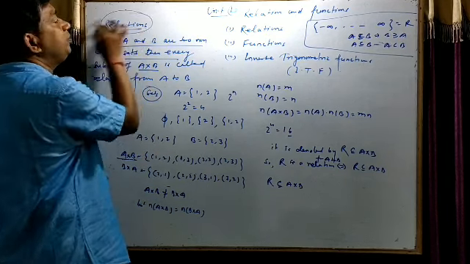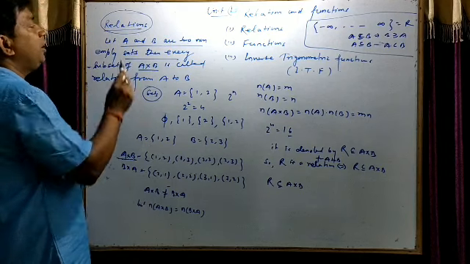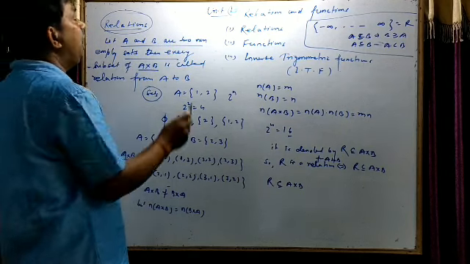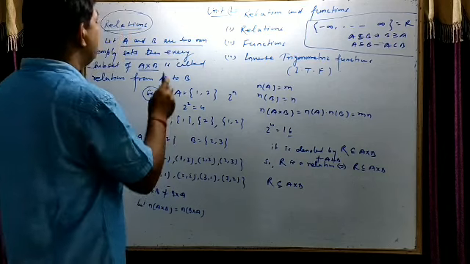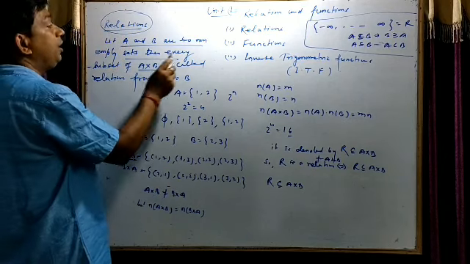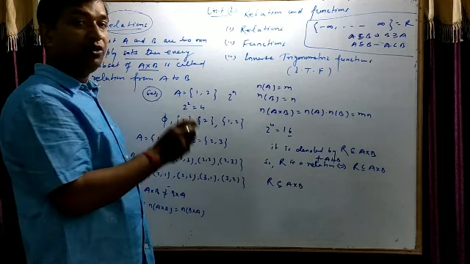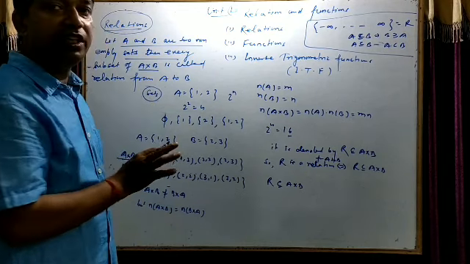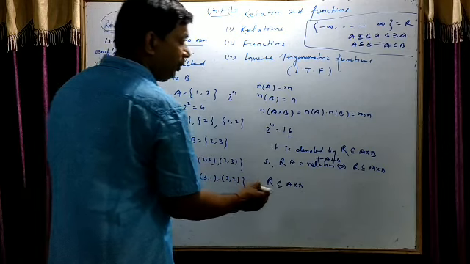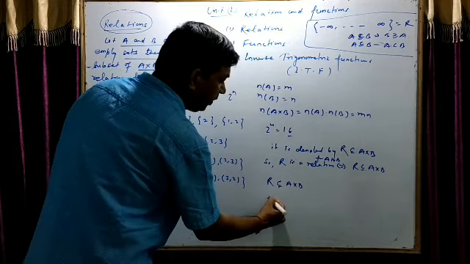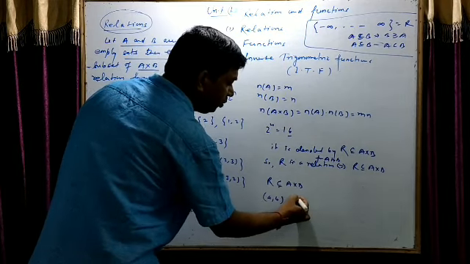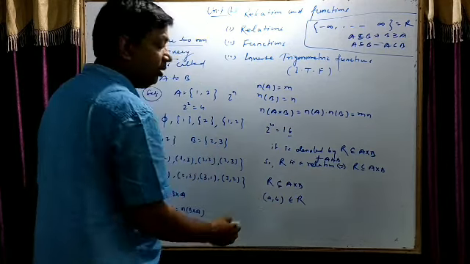What is a relation? Let A and B be two non-empty sets, then every subset of A cross B is called a relation from A to B. This thing you already learned in class 11. Now one example, suppose (a, b) belongs to R. This is also an important thing.